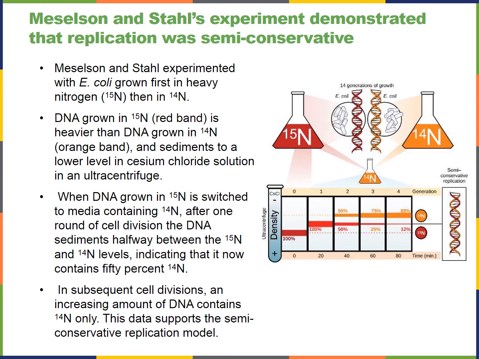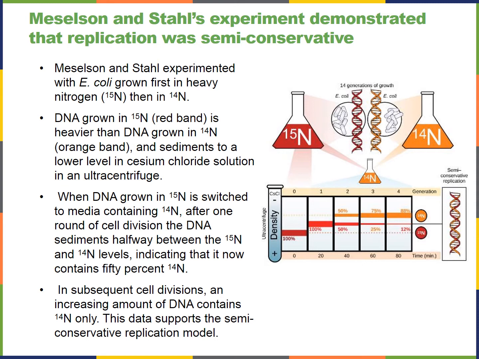So Meselson and Stahl noted that after one generation of growth in nitrogen-14, after they had been shifted from nitrogen-15, the single band observed was intermediate in position between DNA of cells grown exclusively in nitrogen-15 and nitrogen-14. This suggested either a semi-conservative or a dispersive model of replication.